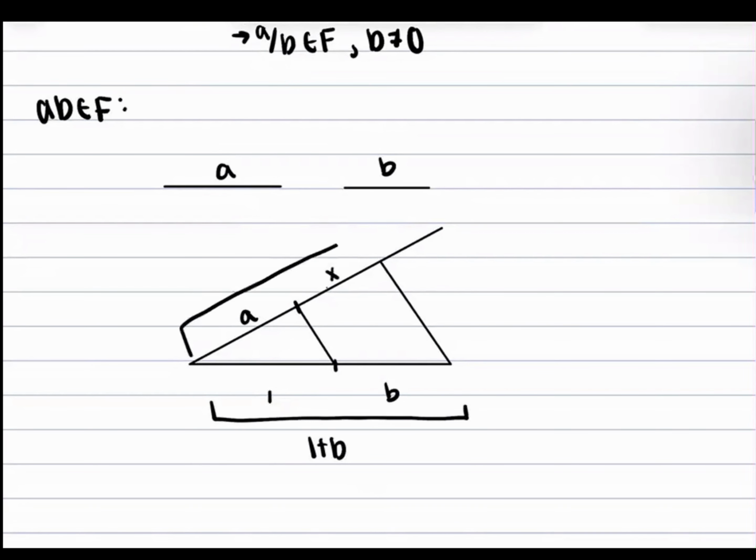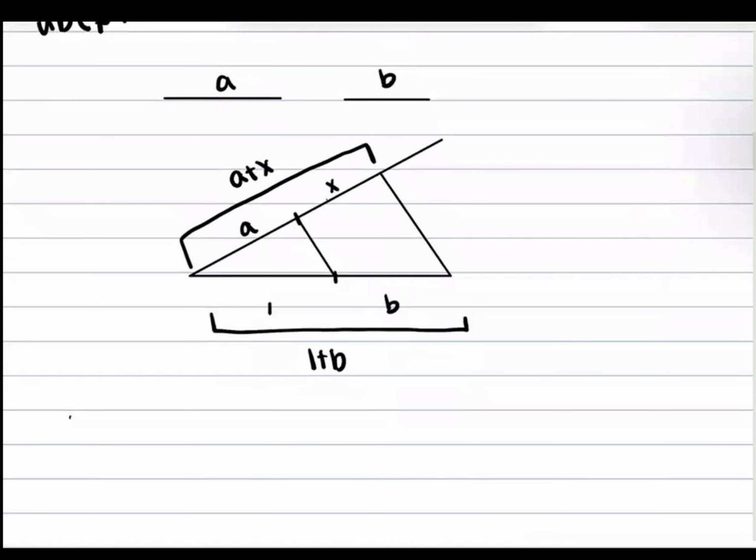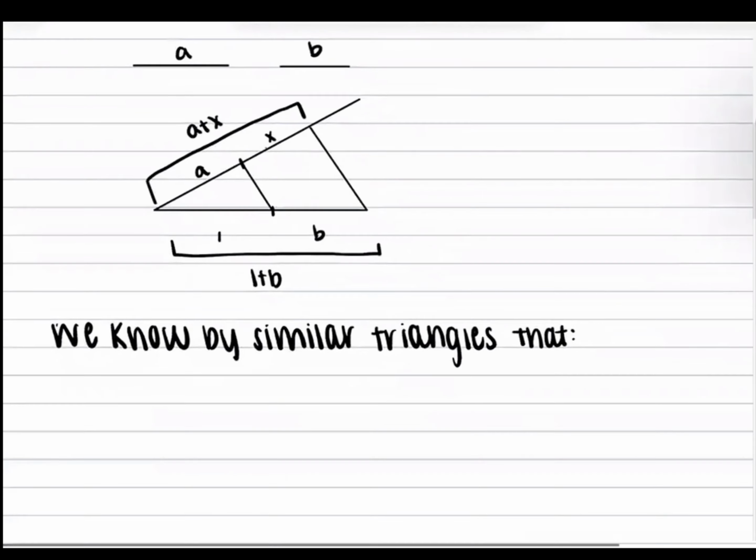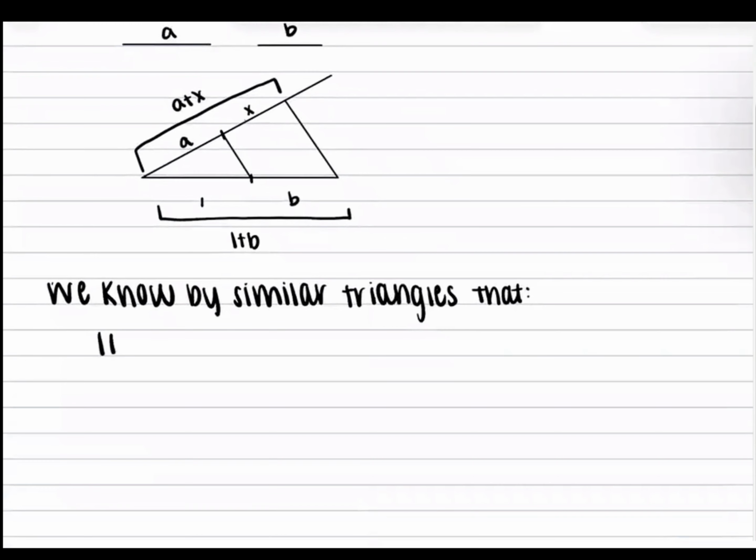And we can call that extra point X there, and we know that the top is A plus X, and the bottom line segment is 1 plus B. Therefore, we know by similar triangles that 1 plus B divided by A plus X is equal to 1 over A.